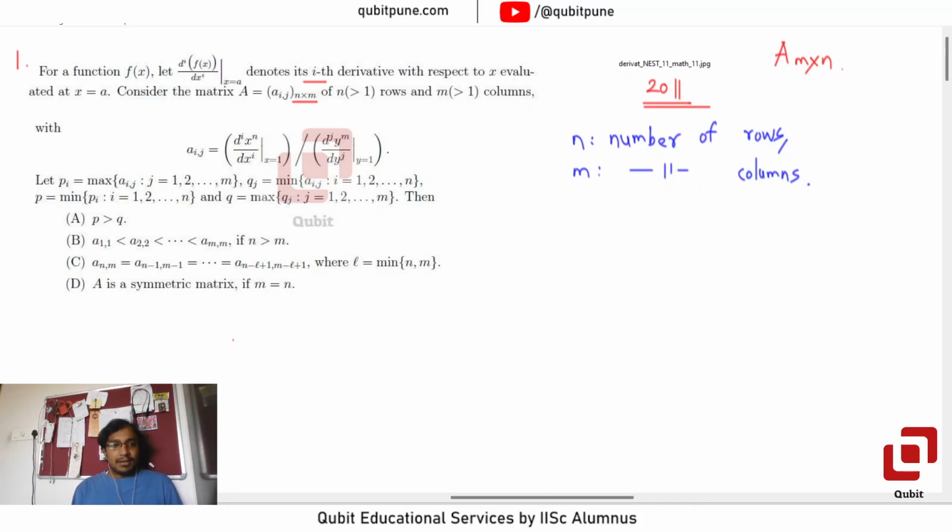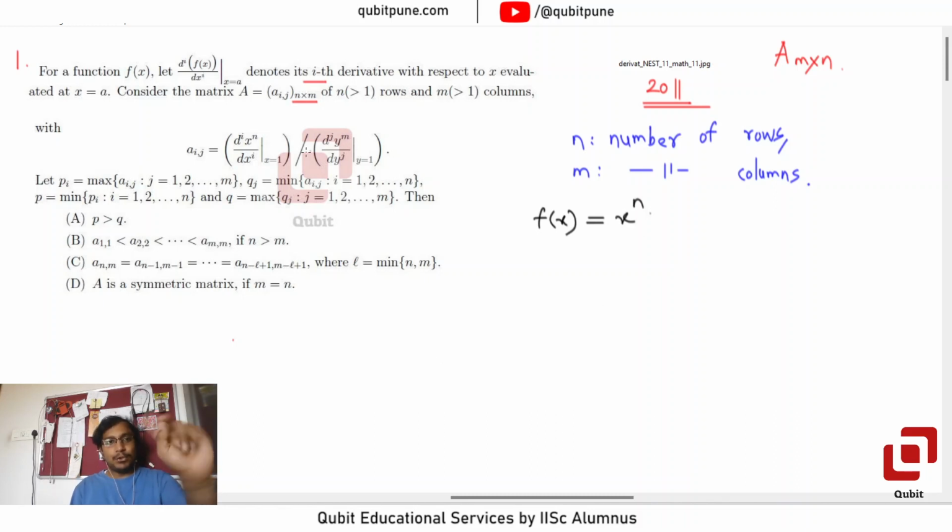And then we are given a matrix. The matrix has n rows and m columns, and how do we calculate the entries of this matrix? The entries of this matrix are given by dividing one derivative by the other. Now the function that we are differentiating is x raised to n.